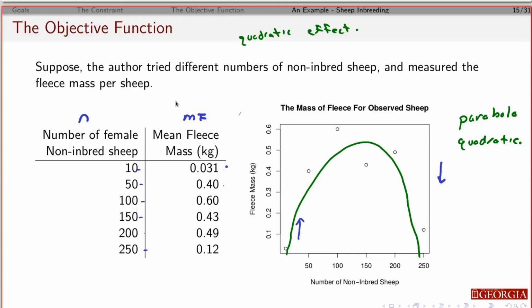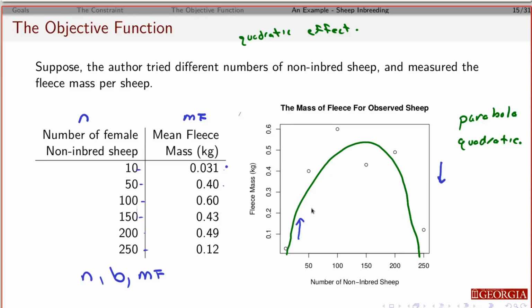Okay. All right, so what do we have? For our variables, we have the non-inbred sheep, the inbred sheep, and the mass of the fleece per sheep. And what I'm going to try to do now is figure out what parabola is going to give me the best fit for this.